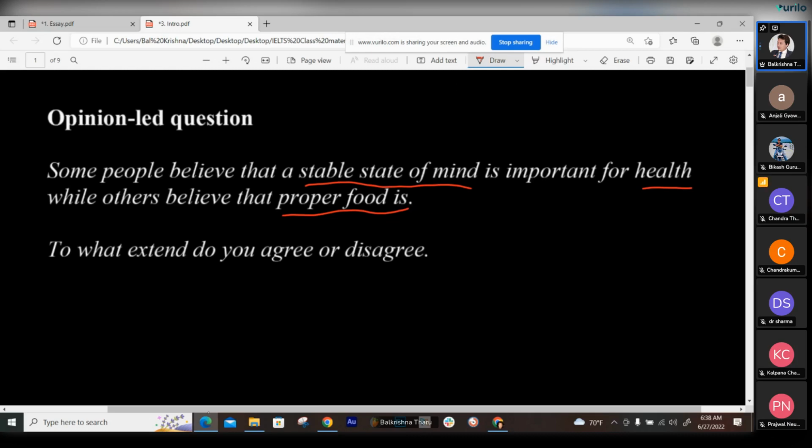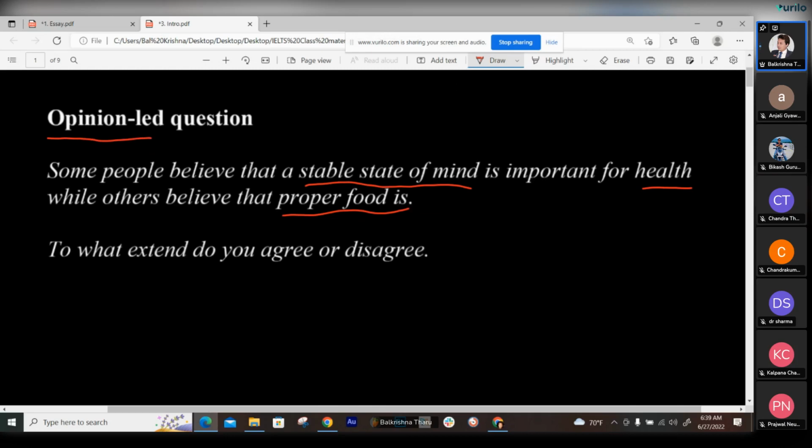To what extent do you agree or disagree? This is an opinion led question. So let the question type be anything.